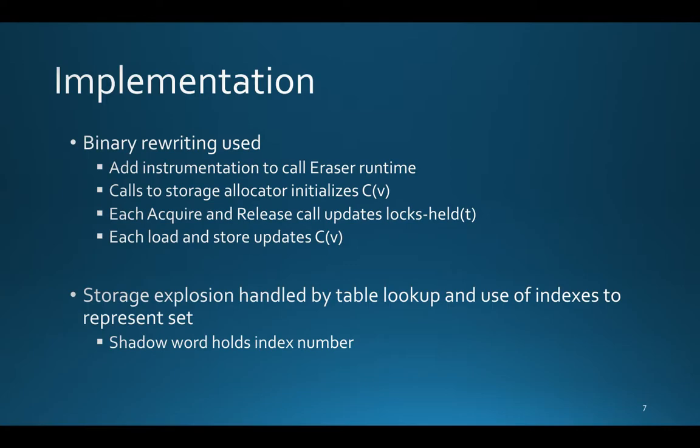To initialize the CV for dynamically allocated data, Eraser instruments each call to the storage allocator. To maintain the locks held by each thread, Eraser instruments each call to acquire and release a lock, as well as the calls that manage thread initialization and finalization. For each load and store, it will update the CV.